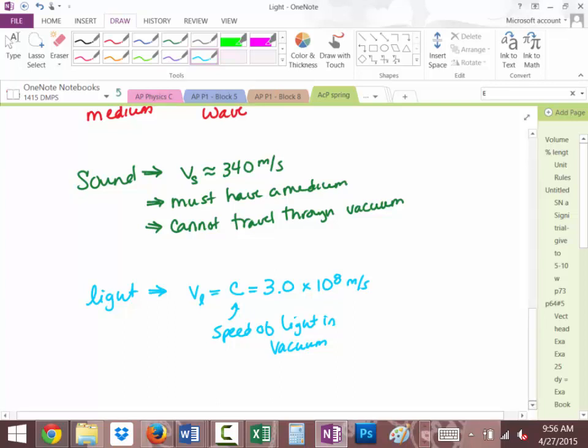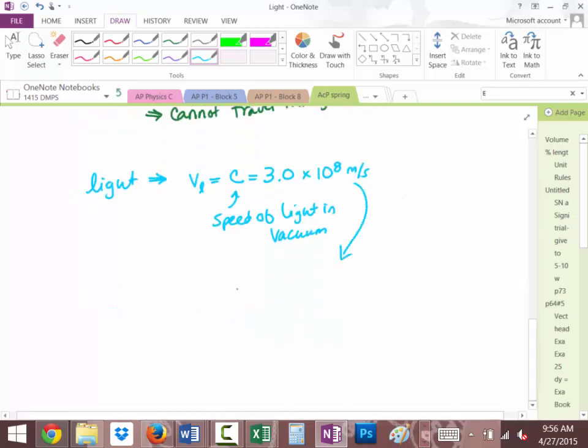Let's just kind of think about what that means. 3 times 10 to the 8, so that's 3, 0, 0, 0, 0, 0, 0, 0, 0. How many zeros? 1, 2, 3, 4, 5, 6, 7, 8. Okay? So we put some commas in here. There's a comma there. There's a comma there.